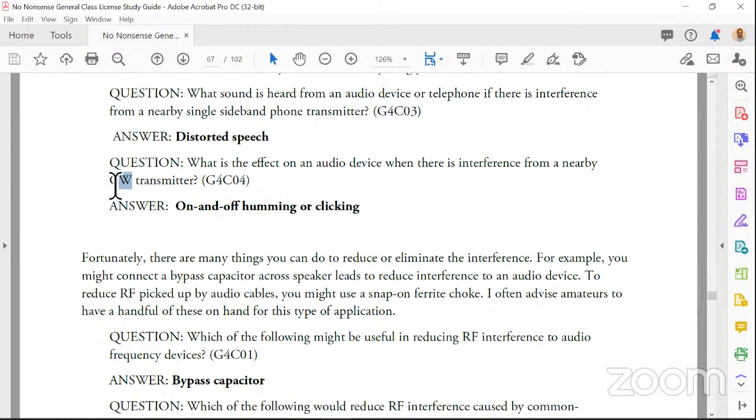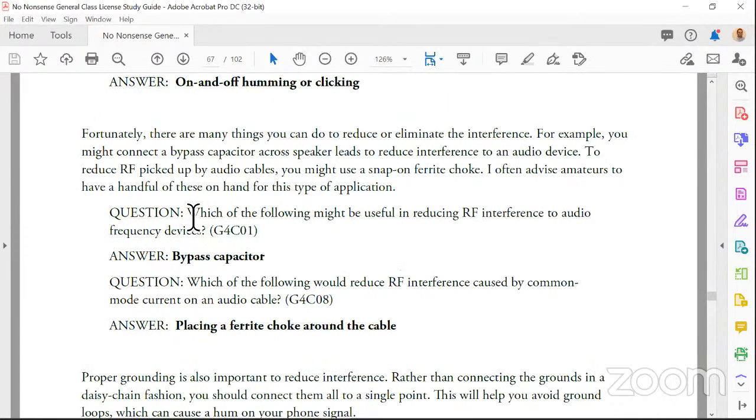But we are using CW. And remember we said CW is continuous wave, but it's associated with Morse code. So when you're transmitting Morse code, what does that audio device interference sound like? How does it sound? It sounds like an on and off humming or clicking sound. Next question.